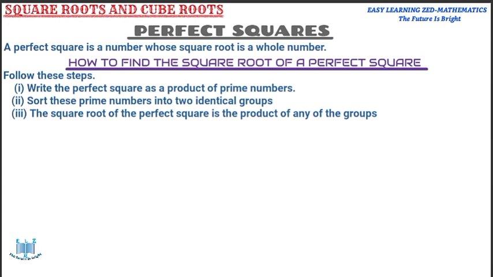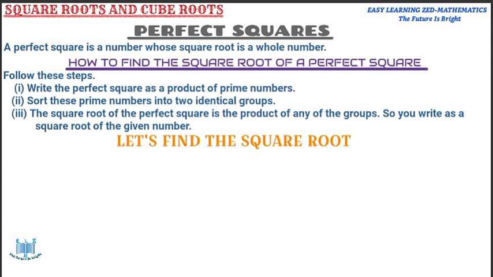Then the product of one of the groups is the square root of the perfect square given. Once you do that, you just write it as the square root of the given number. These are the three steps you need to follow when you are trying to find the square root of a perfect square. Now let me demonstrate how you do it.